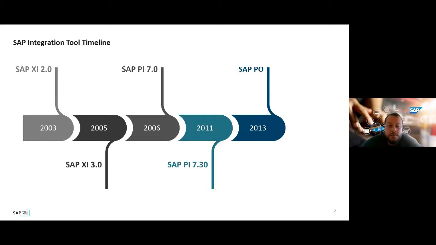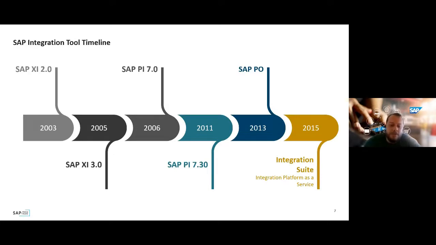So SAP PO is basically BPM, BRM, and the SAP PI. But the truth is the business rule management and business process management were not easy to use on demand. So it's really frequent that you see developers with many years of experience in SAP PO who never worked with those technologies.